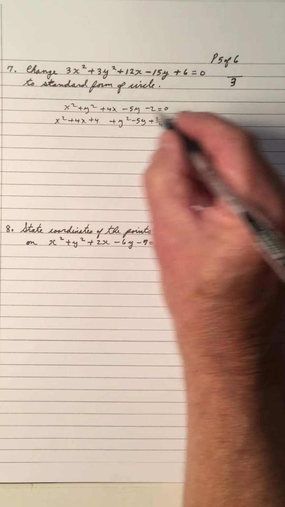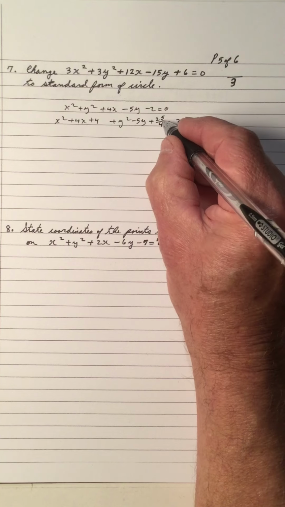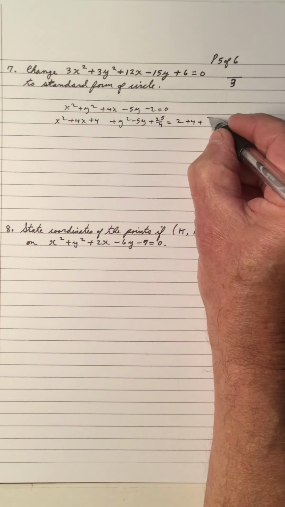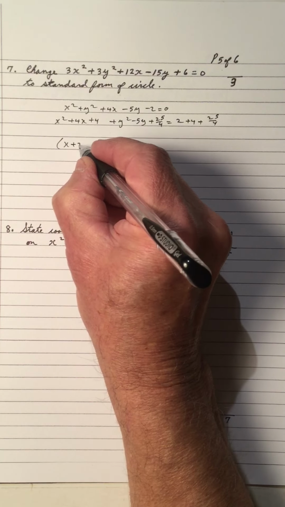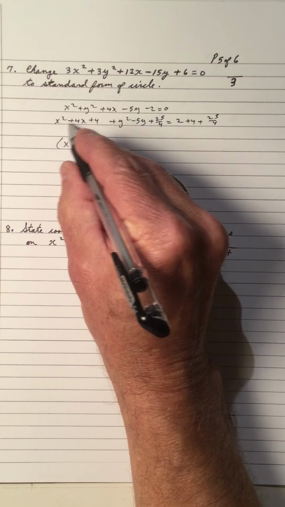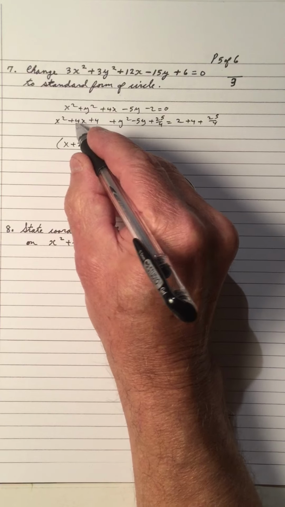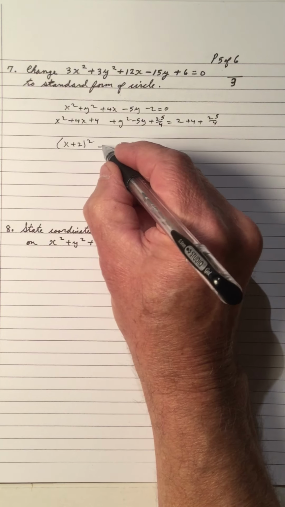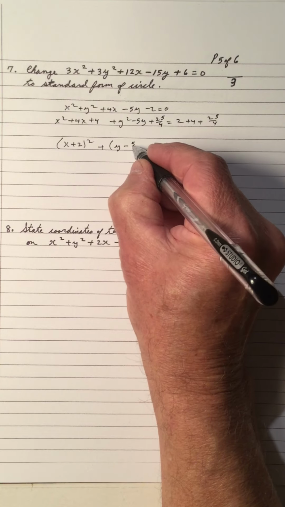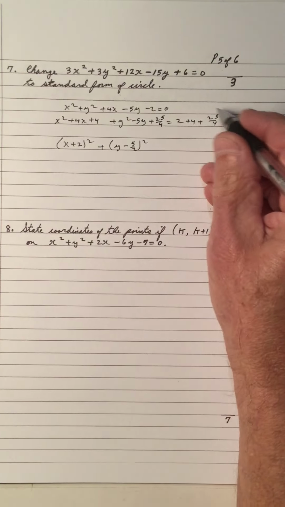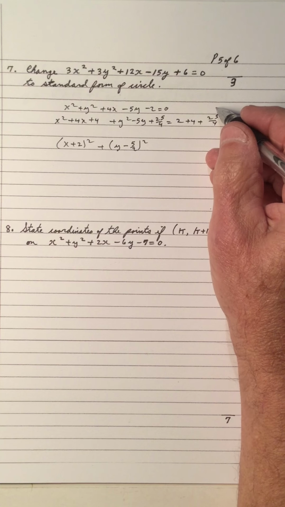So when we add 4 here, we add 4 here. When we add 25 over 4 to the left, we add it to the right to keep it balanced. So this becomes x plus 2 squared. That's the factorization. Half of plus 4 is a plus 2, and half of minus 5 is negative 5 over 2 squared. And we add these up.